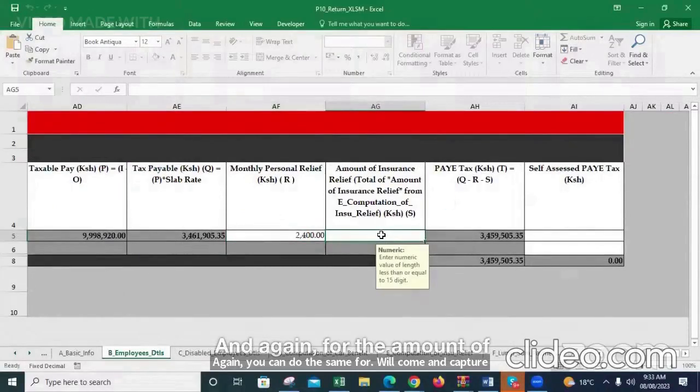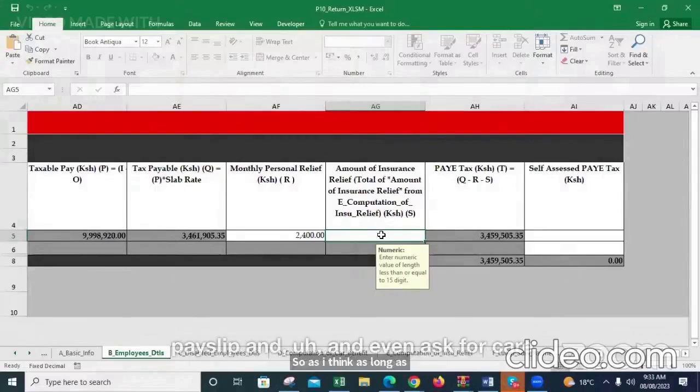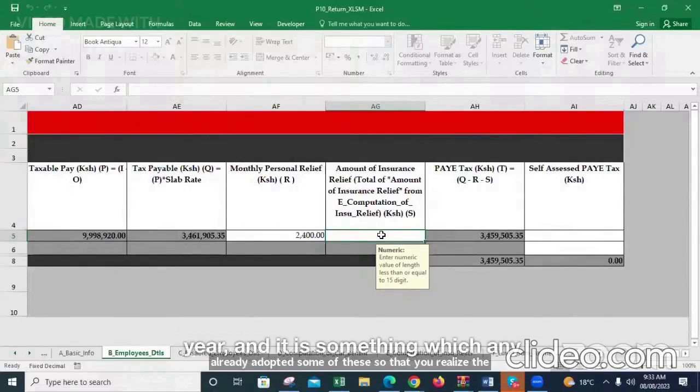And for insurance relief, employers can still allow relief relating to the insurance premiums the employees are being deducted through the payslip, where the employer pays directly to the insurance company, including NHIF. As long as the deduction is done through the payslip, it works, and KRA has already adopted some of these for its own employees.